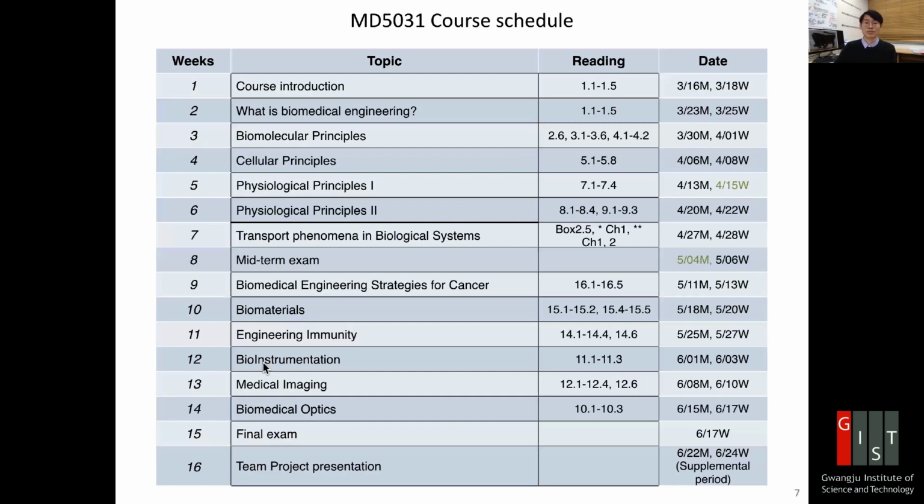And a more important engineering aspect is bioinstrumentation. Any biological system can be measured and studied by using instruments, so we need to understand what bioinstrumentation is and the principles of measurement.